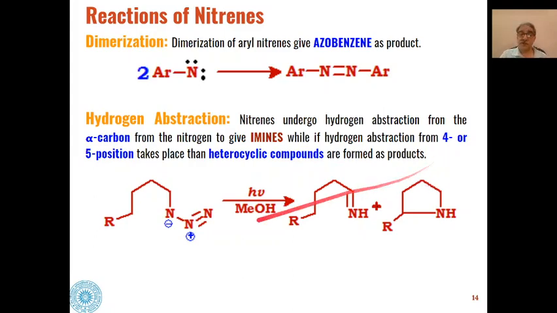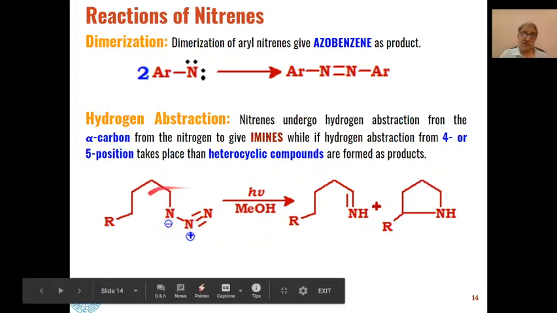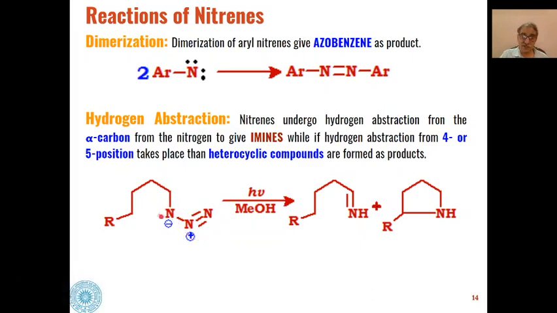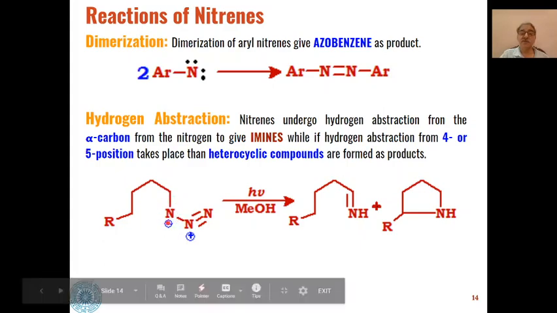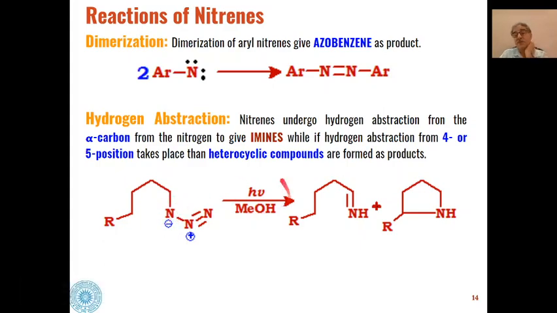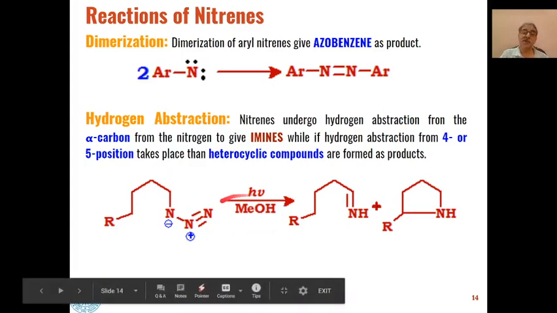For example, if we have this type of azide, with the elimination of one molecule of nitrogen gas we will get a nitrene of this type. Here nitrogen has two lone pairs of electrons, that means a nitrene intermediate will be formed when this is photochemically irradiated in the presence of methyl alcohol.